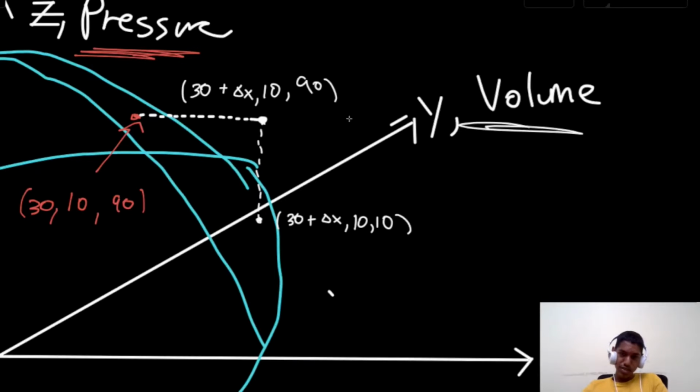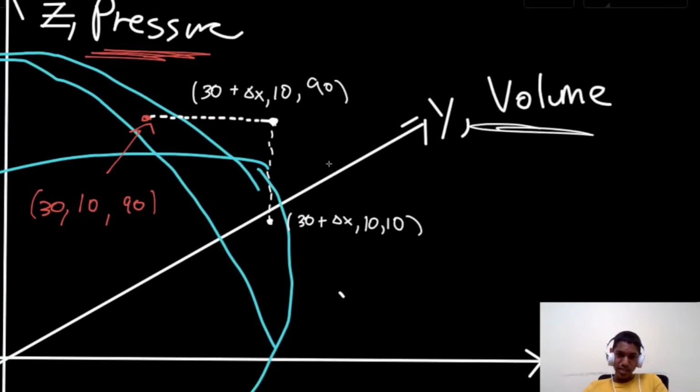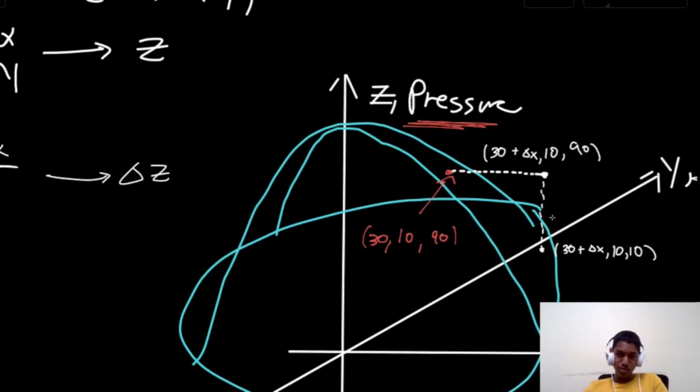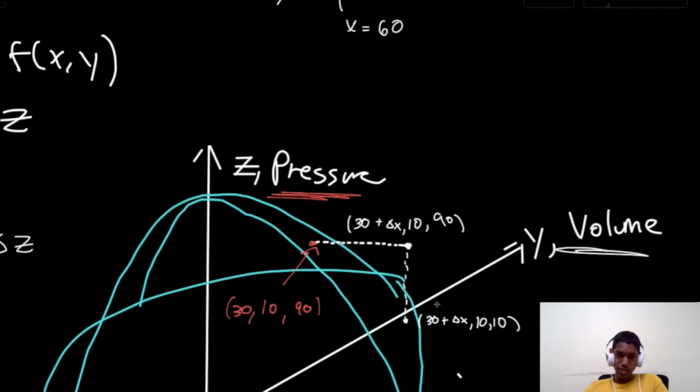I don't know, some sort of lower Z value, right? So now you've got a change in X, you stepped in the X direction, and then as a result, you got a change in pressure, right?